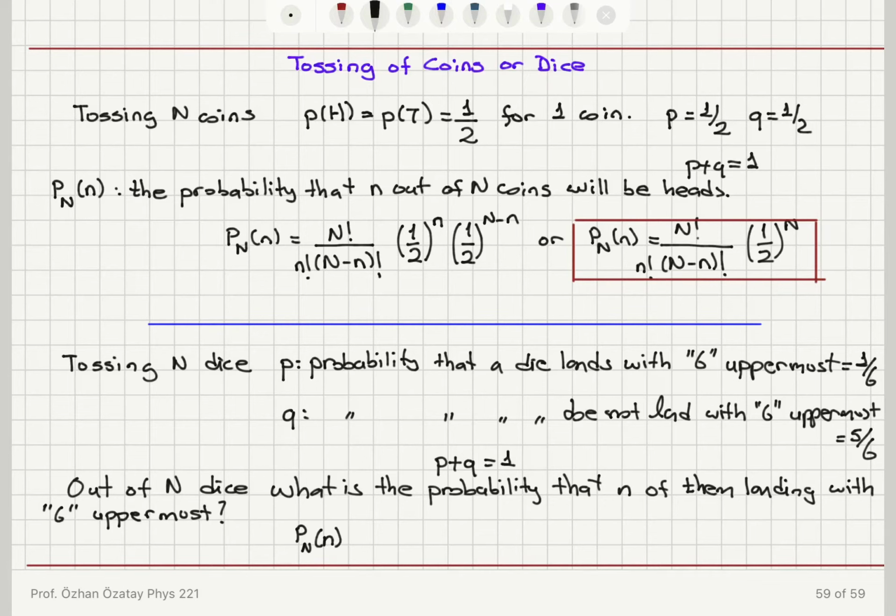Given capital N dice, what is the probability that n of them will be landing with 6 uppermost? Number of combinations of capital N objects taken n at a time, capital N factorial over n factorial, capital N minus n factorial. Probability of occurrence is 1 over 6 to the power n, and non-occurrence is 5 over 6 to the power capital N minus n. So this will be the answer to this question given by the binomial distribution.